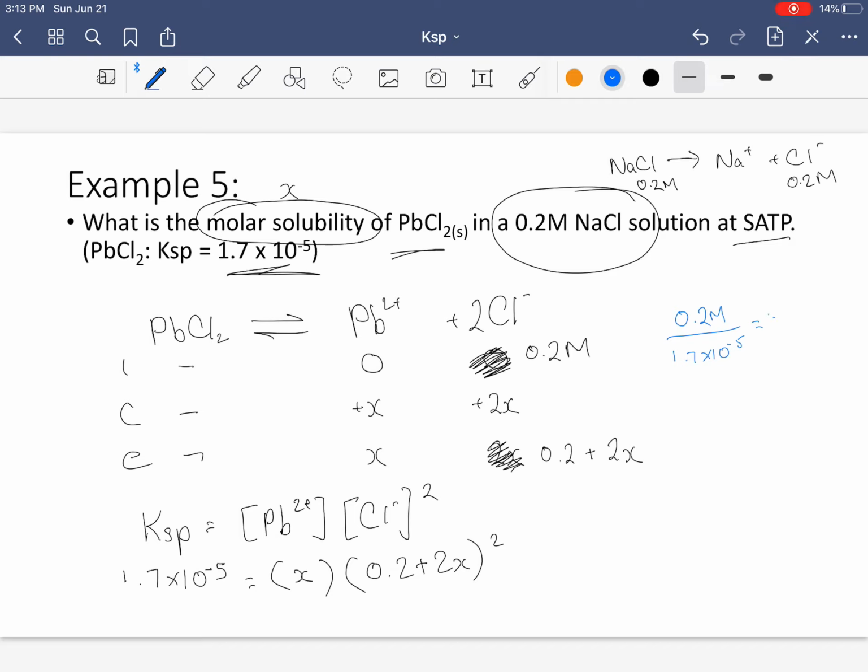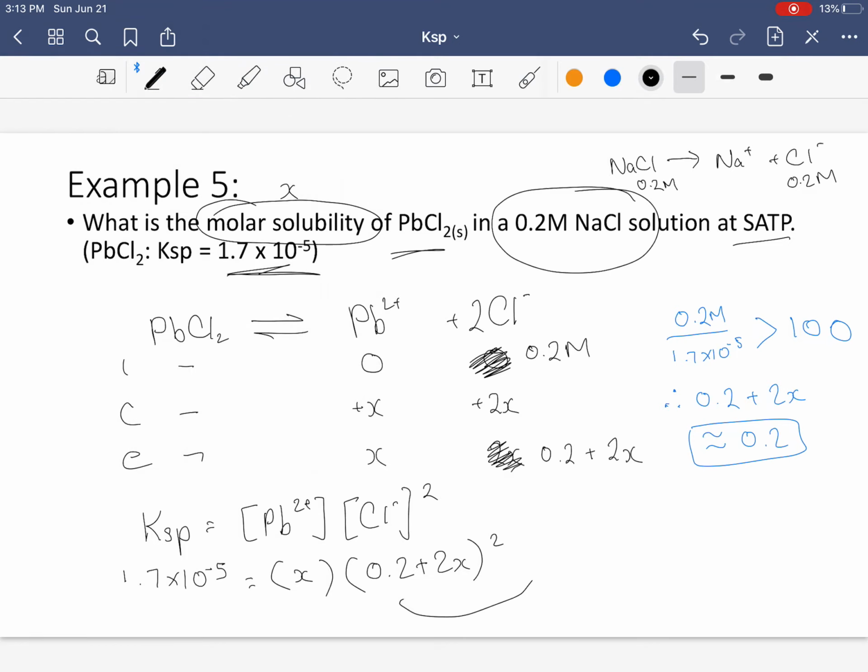Oh, no, that's only 11,000. That's not my bank account, I have more than that. Let's not write this down, because it's not really useful for you guys, but I'm going to say it's greater than 100. This right here is greater than 100, so therefore 0.2 plus 2x is equivalent to just 0.2.